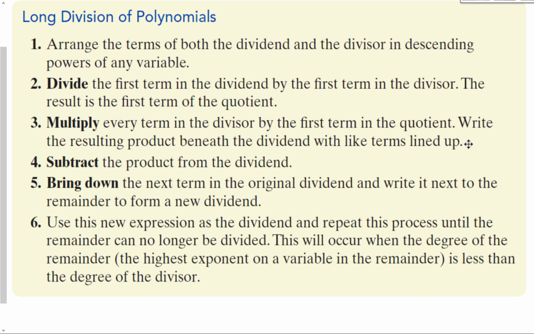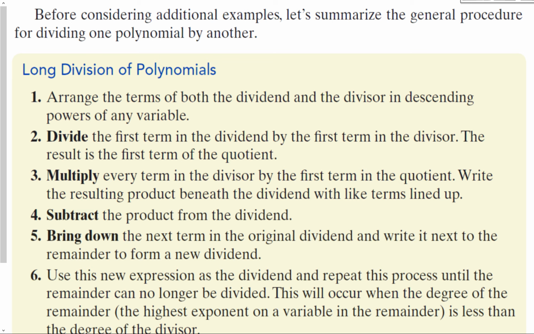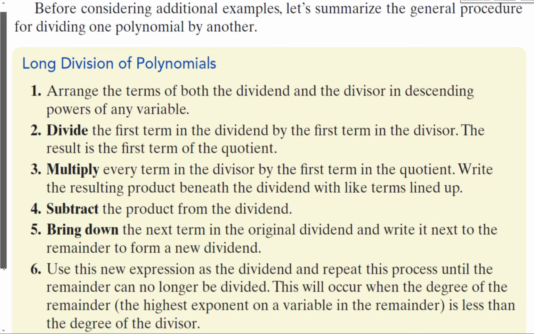Use this new expression as the dividend and repeat this process until the remainder can no longer be divided. This will occur when the degree of the remainder, the highest exponent, is less than the degree of the divisor. So as soon as the degree here becomes less than the degree up here, we're done. Okay, so we haven't seen that yet, but be aware.